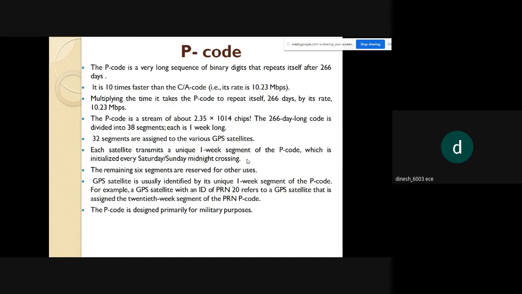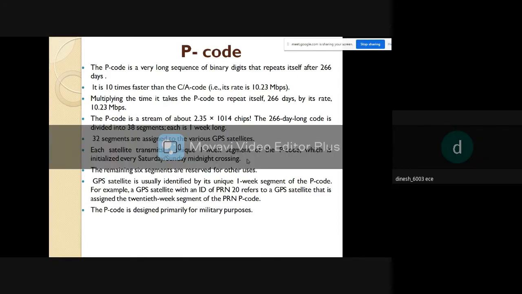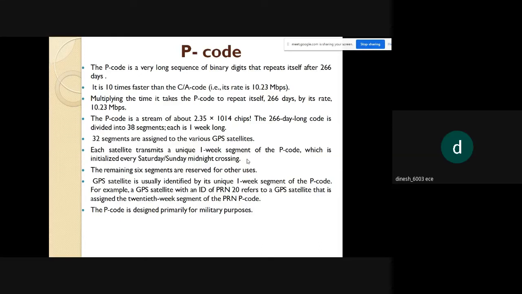In order to find the chip rates, we'll be dividing this 266 days long code into 38 segments, each 1 week long.